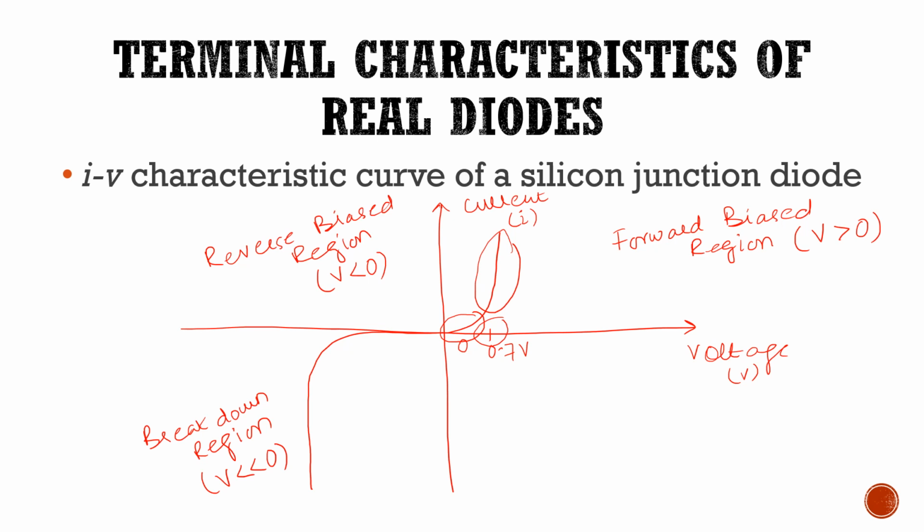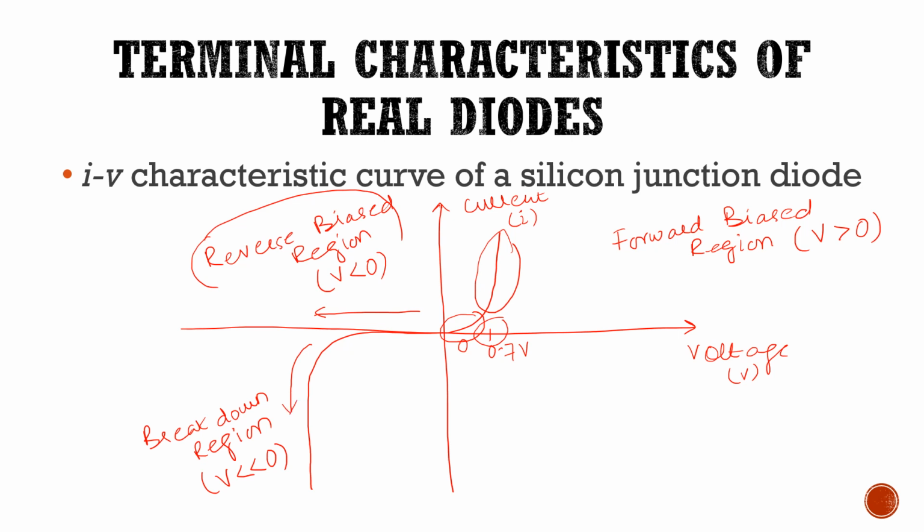Now look at this reverse biased region. In this region, the diode voltage is increasing to the left along the horizontal axis in negative direction, and the current is increasing downward along the vertical axis.